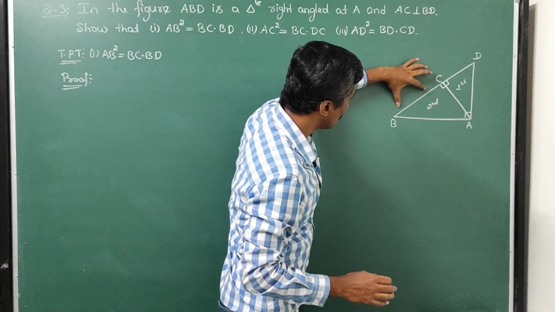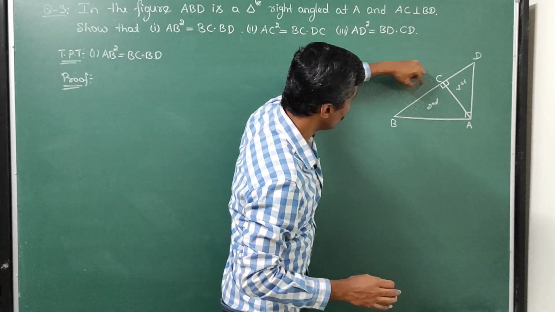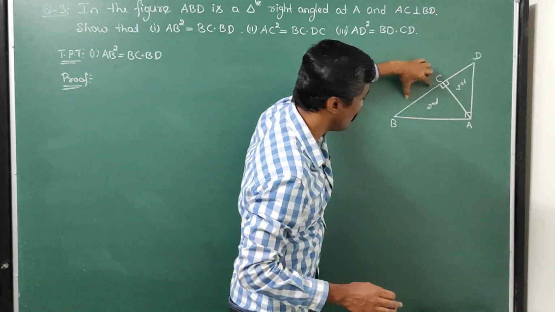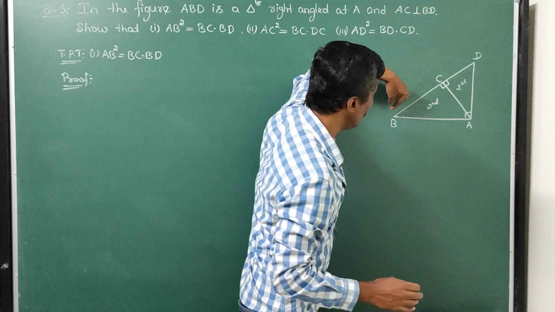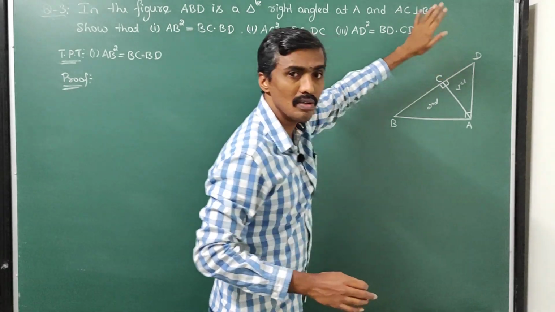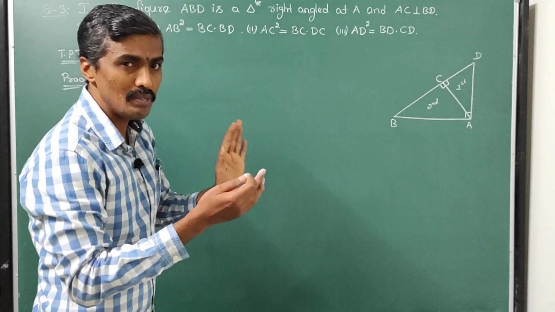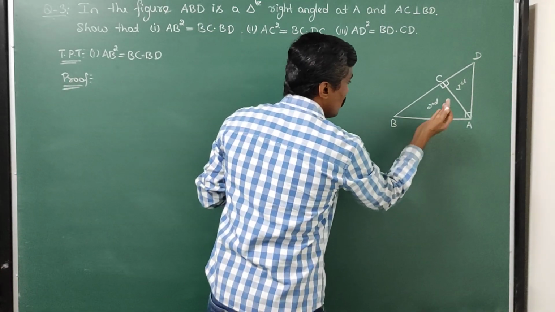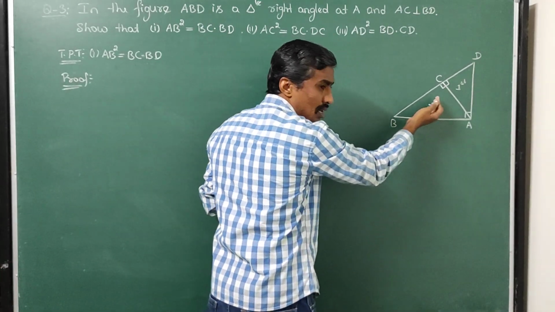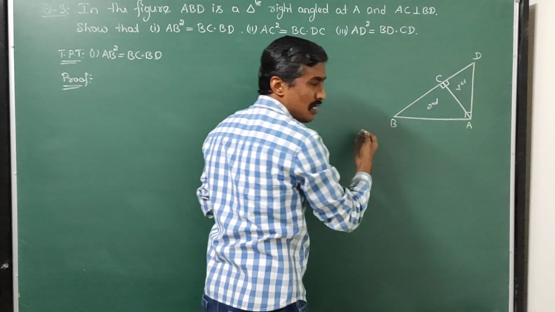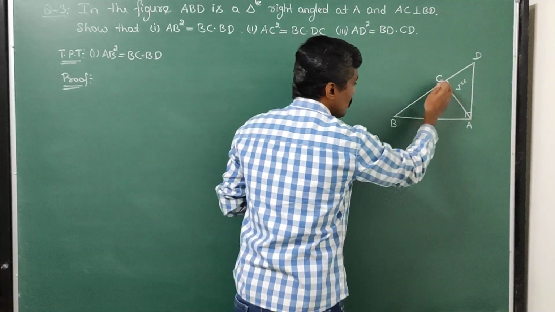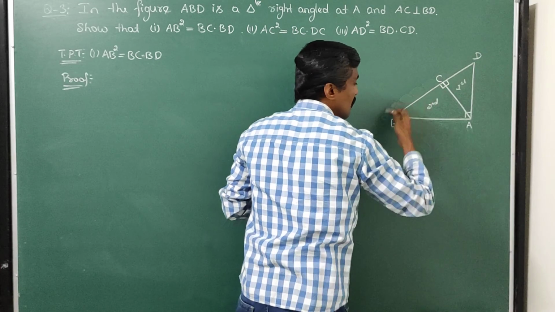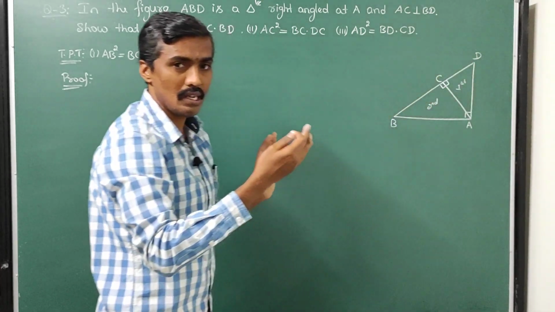BC belongs only to the second part, CAB triangle. BD belongs only to the original triangle. So AB belongs to the second part or original triangle, BC is only meant for the second triangle, and BD is meant for the bigger, original triangle.